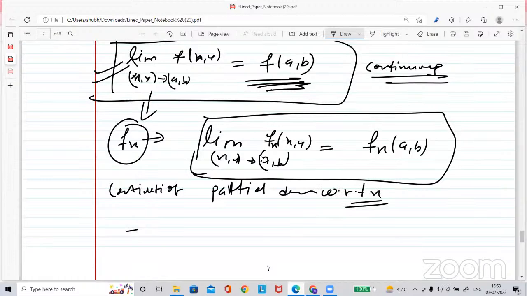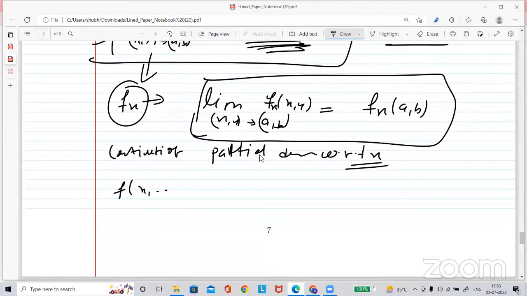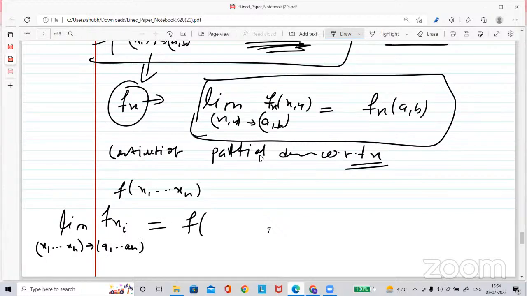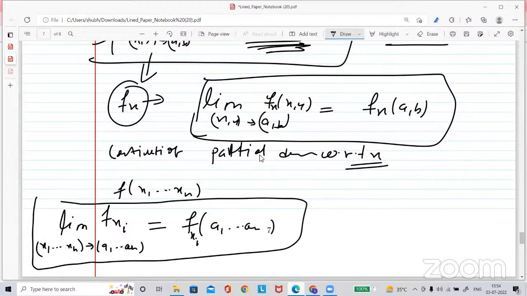If it contains more variables, suppose this function contains variables x1 to xn, then the partial derivative with respect to the xi variable is said to be continuous at the point (a1, ..., an) if the value of the partial derivative at that point is exactly the same as the limit of the partial derivative.